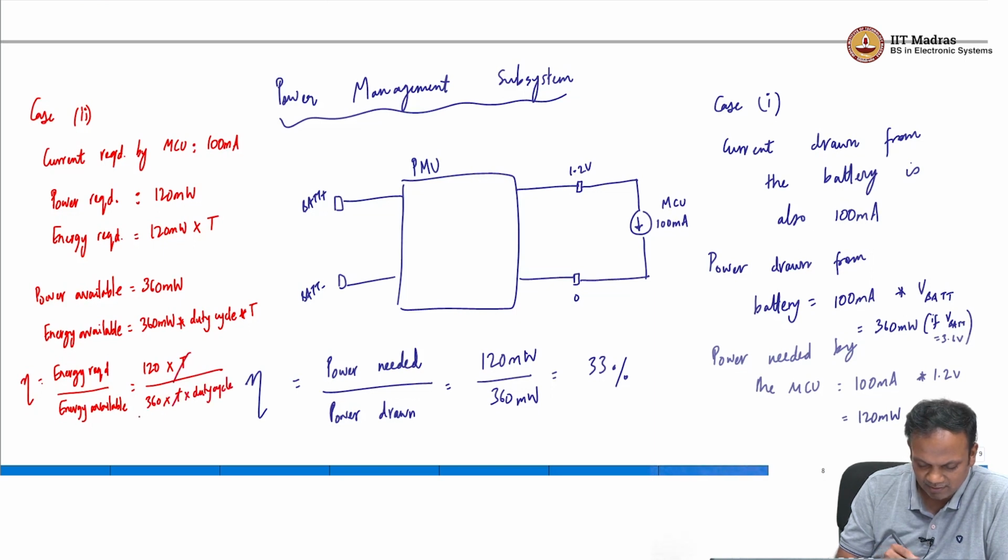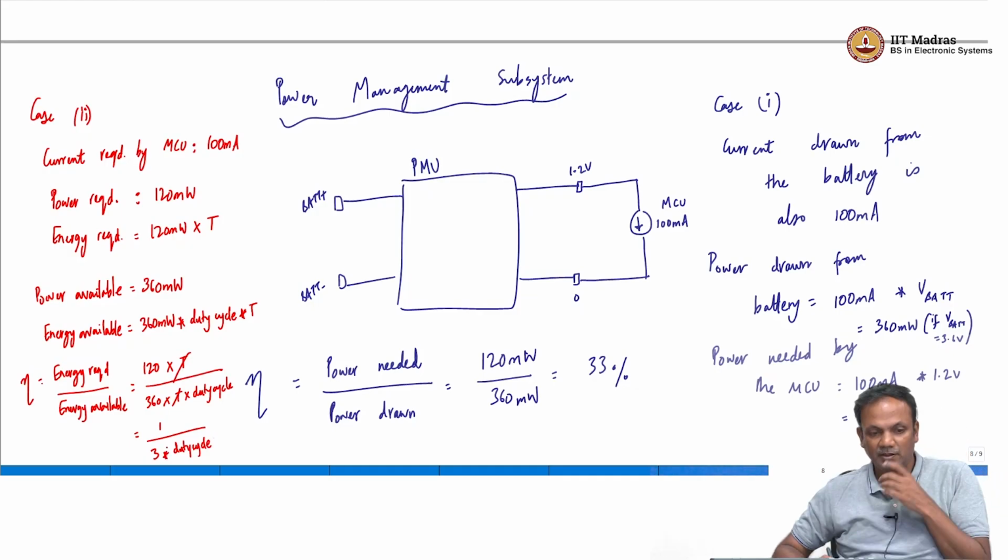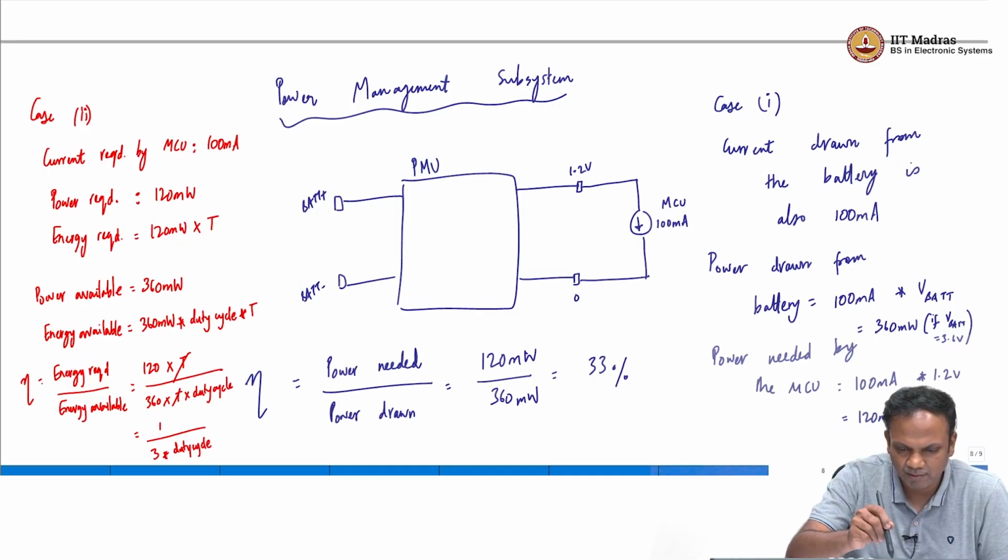So, T cancels. So, this is 1 by 3 into duty cycle, 3 times, right.